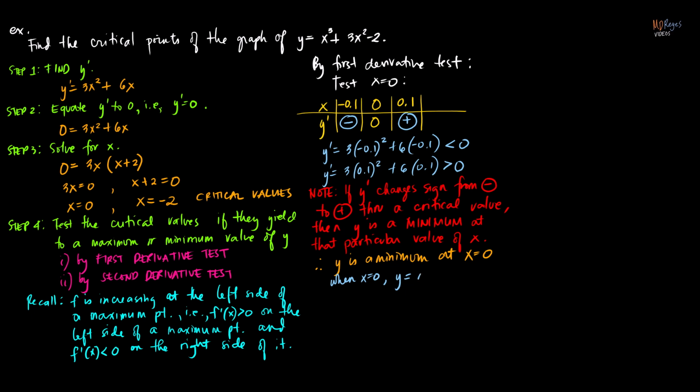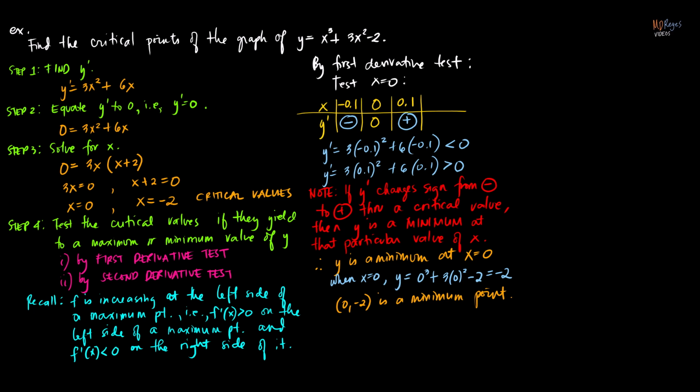Remember that y is equal to x cubed, so that's 0 cubed plus 3 times 0 squared minus 2. So the value of y is equal to negative 2. This is from the original given function. So therefore, the point with coordinates (0, -2) is a minimum point.